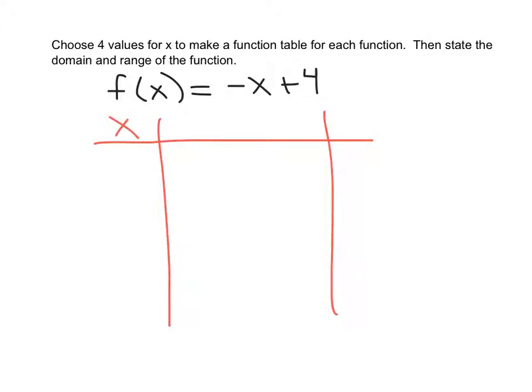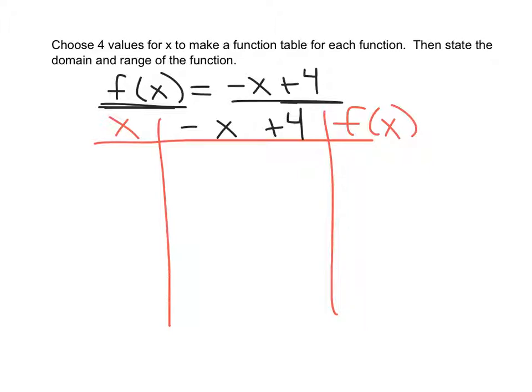On the left, we have x, and on the right, we have f of x, which, remember, is the same thing as y. And in the middle, we're putting our rule, which states that y equals -x plus 4. So let's choose our 4 values for x. Again, we can pick any numbers. I'm going to start at 1 and go up to 4.